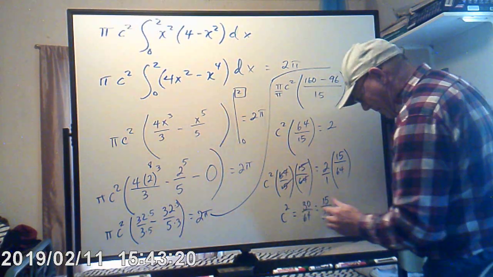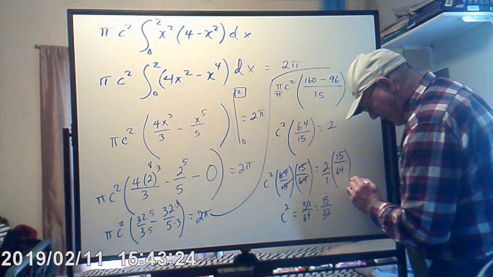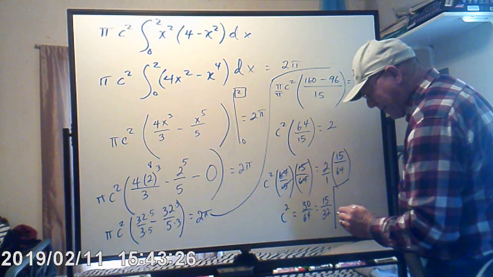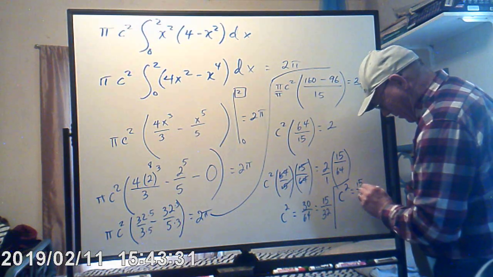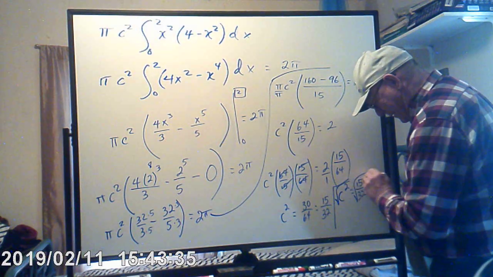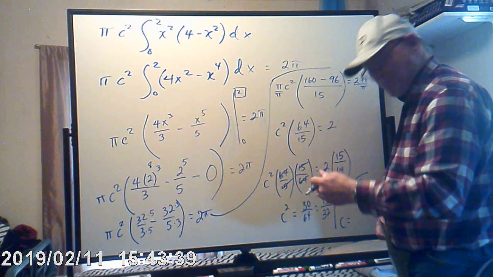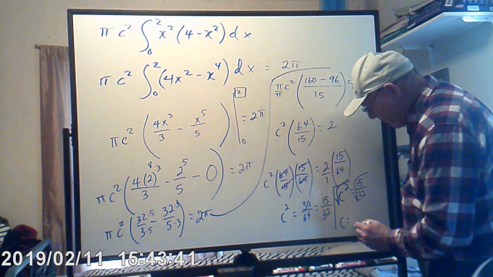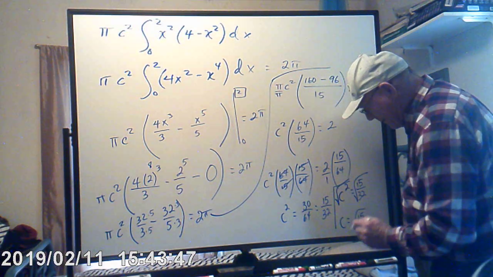But now remember, we're taking the square root of both sides. We're running out of room here. c squared is equal to 15 over 32. So now c, and it's not plus or minus because c is positive always, is the square root of 15 over 32.